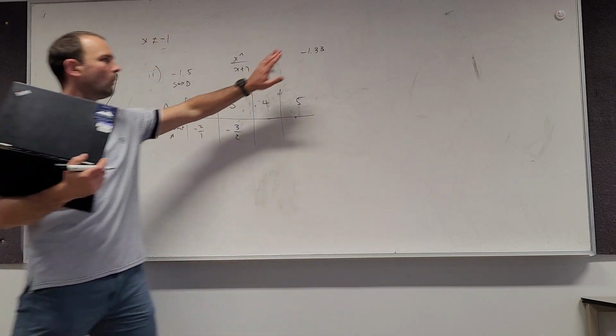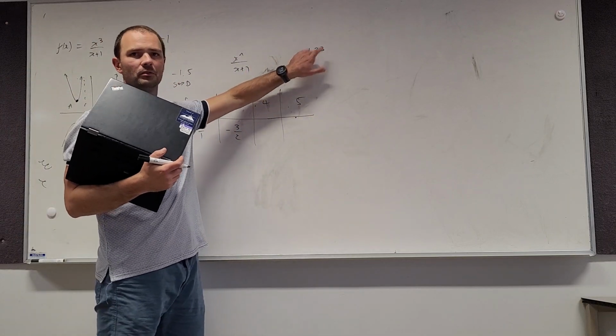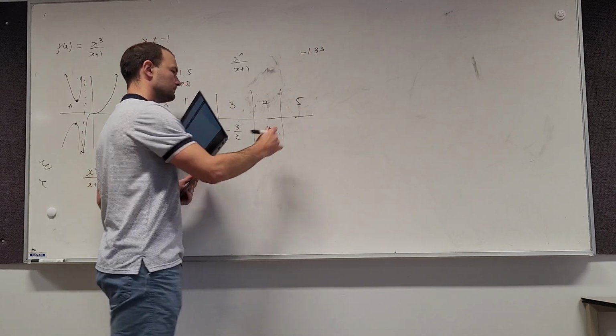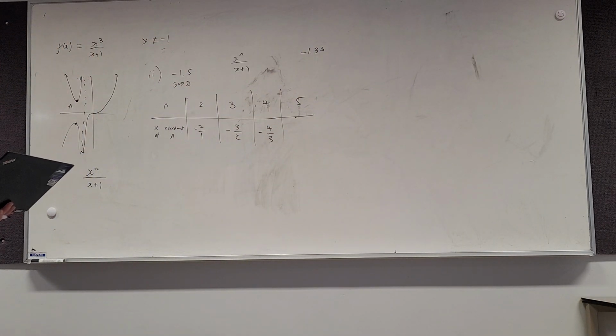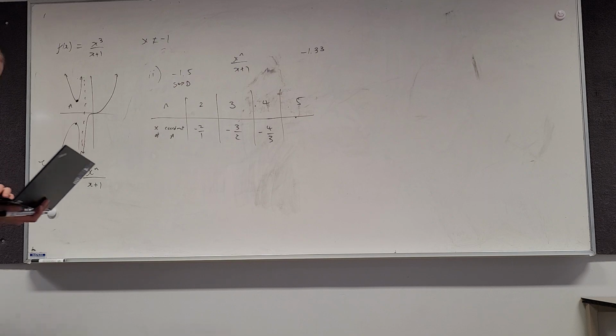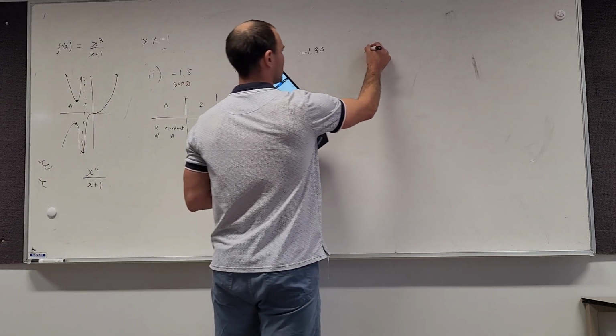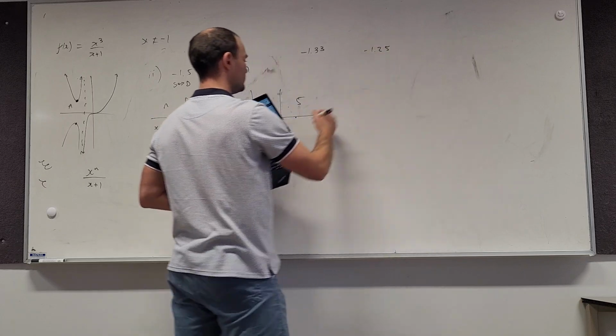All right, so that's 1 and a third, minus 4 on 3. And we'll go to x to the 5 on x plus 1, and we've got minus 1.25. So that's 1 and a quarter or 5 on 4.